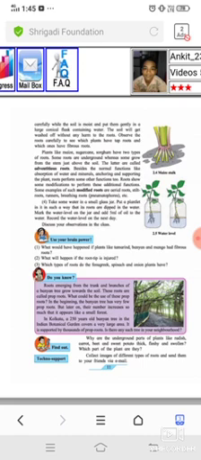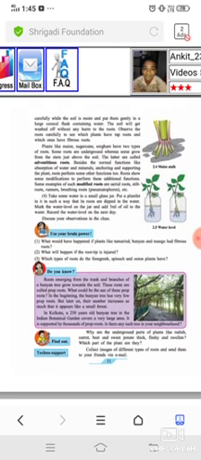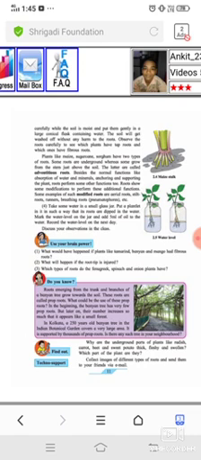To prepare food, take some water in a small glass jar, put a plant in it in such a way that its roots are dipped in the water.